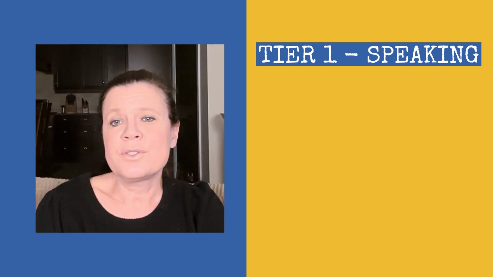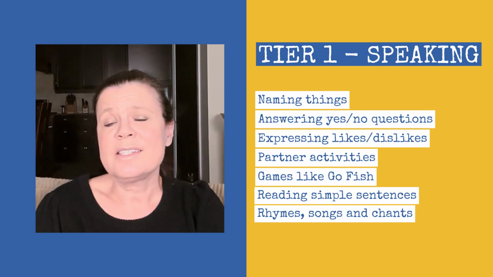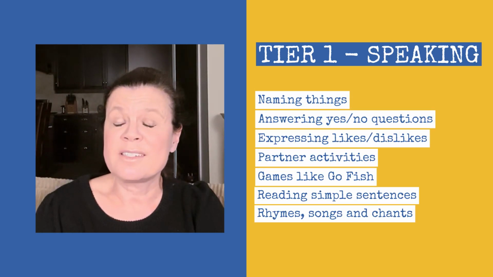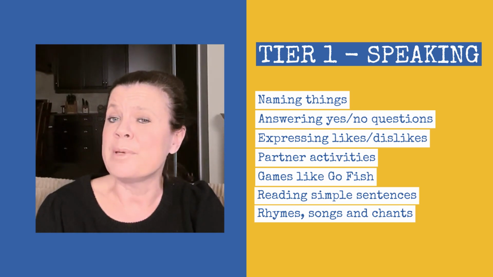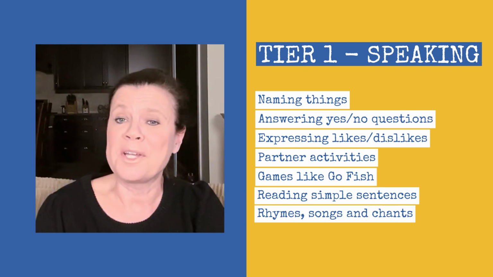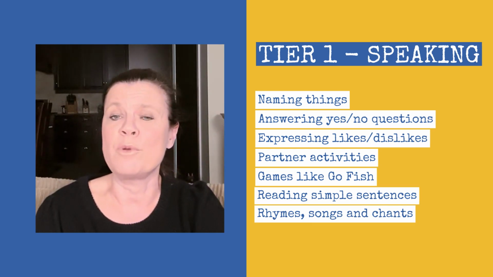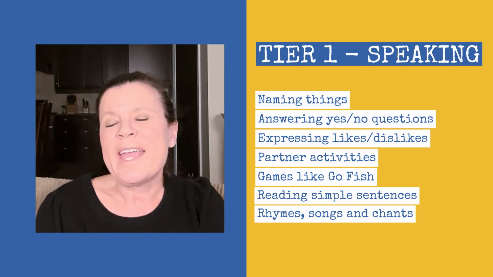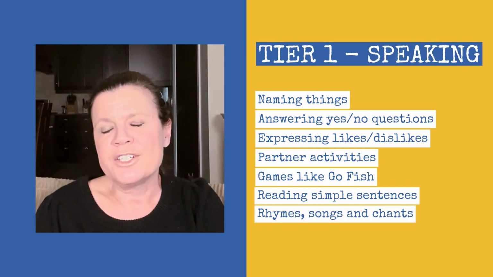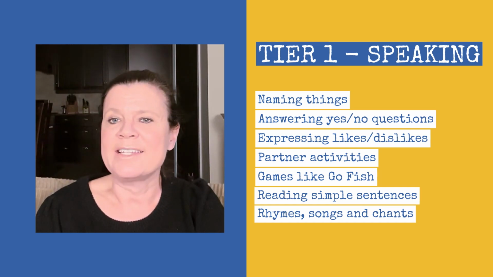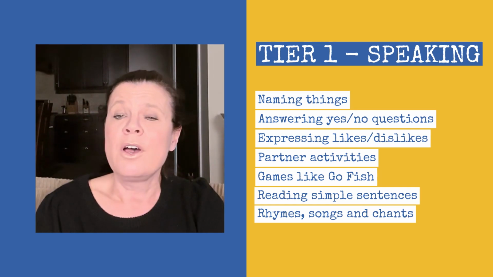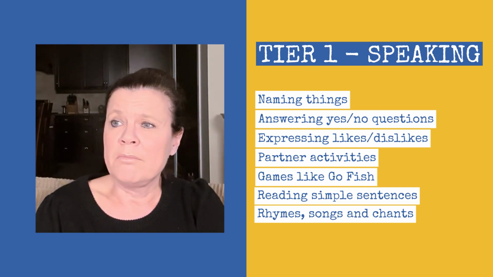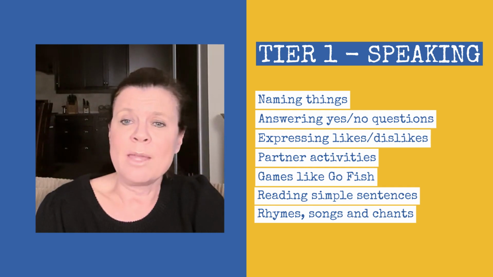When it comes to speaking, this is where your ELL students, for the majority of beginners, are going to struggle and maybe feel the most self-conscious and anxious. So different ways that you can encourage your beginners to start using that academic language out loud are simply to give them pictures and ask them to name things.